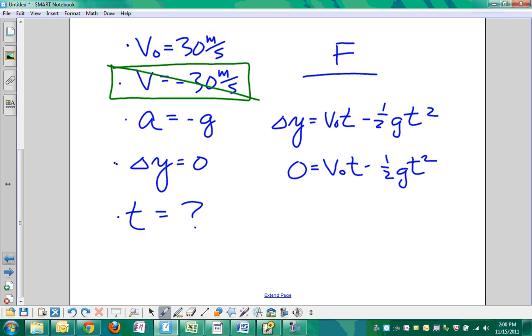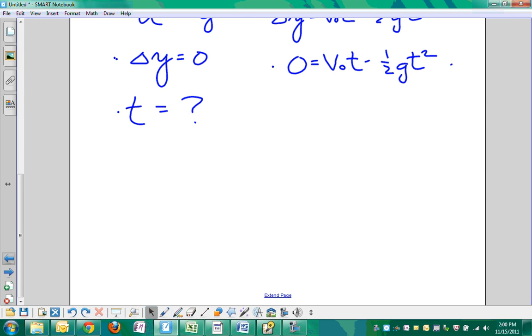We divide through by t, we still get 0 on this side, and each of the terms on the other side is reduced by a t. All we're really saying mathematically is that one of the roots of this quadratic equation is 0. So now we can just say 0 is equal to v naught minus 1/2 g t.